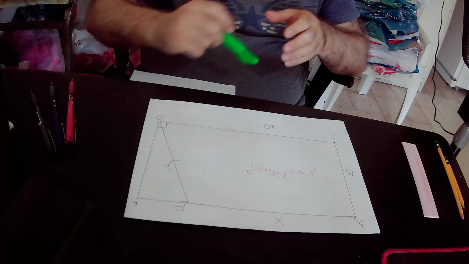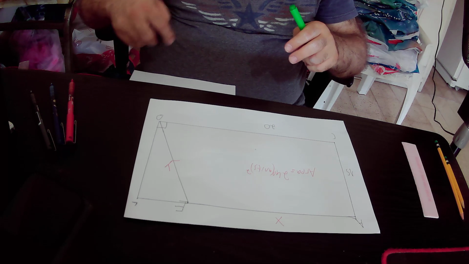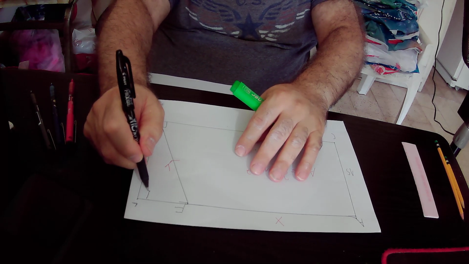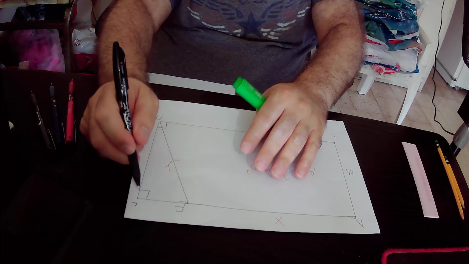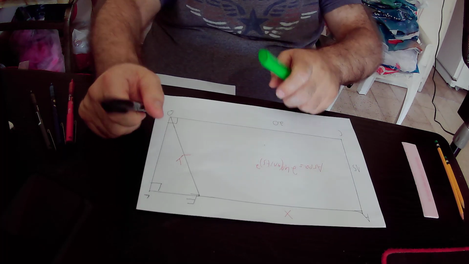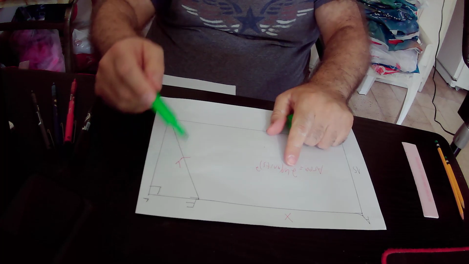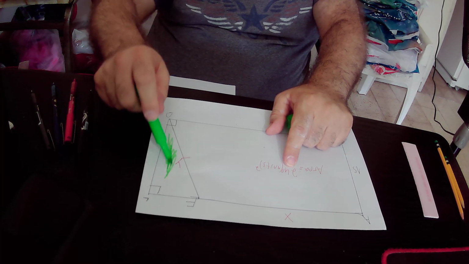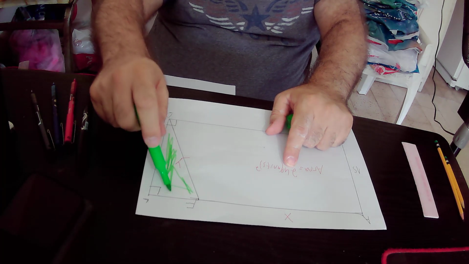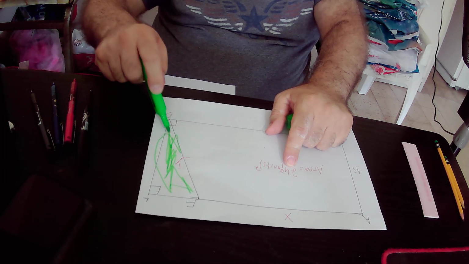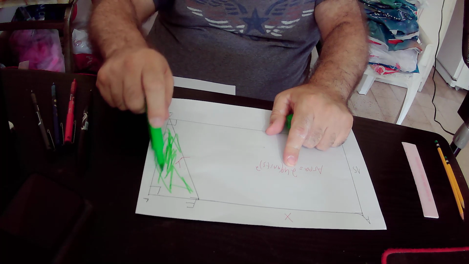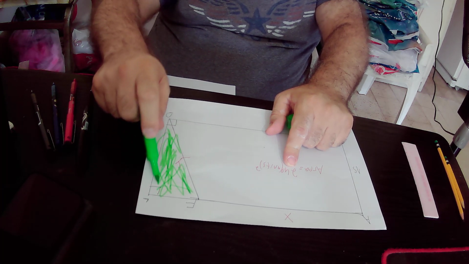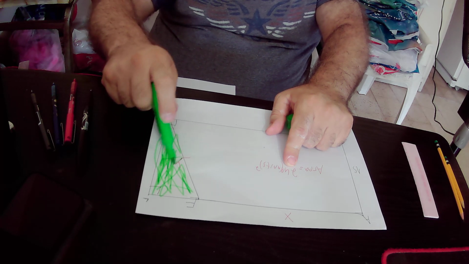Triangle FLD is a right triangle because angle FLD equals 90 degrees. The green triangle is a right triangle.